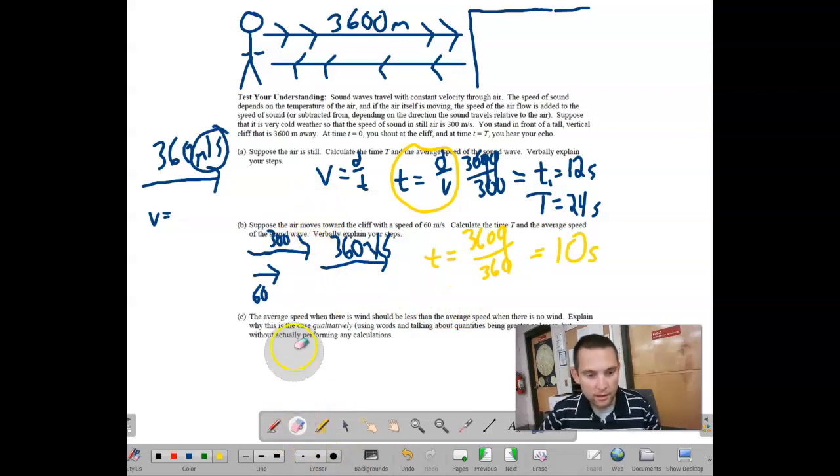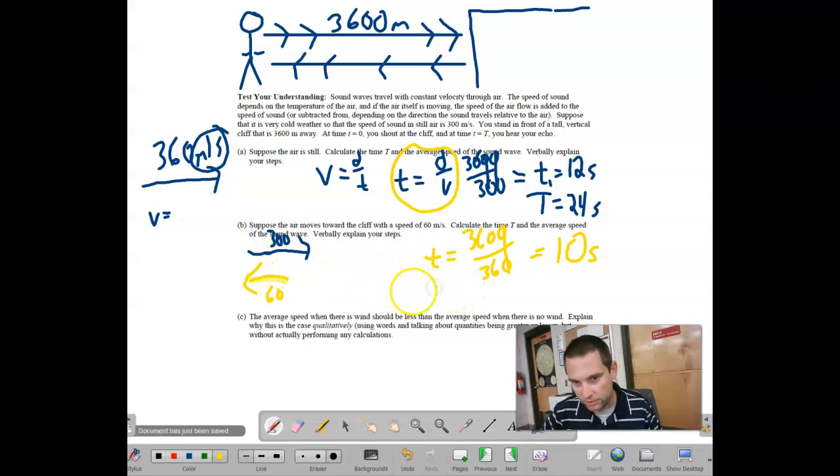On the way back, now we're moving in the opposite direction, so our vectors are going to look a little bit different. Now we have 60 meters per second in this direction. Well, that means we're moving at 240 meters per second for our velocity.